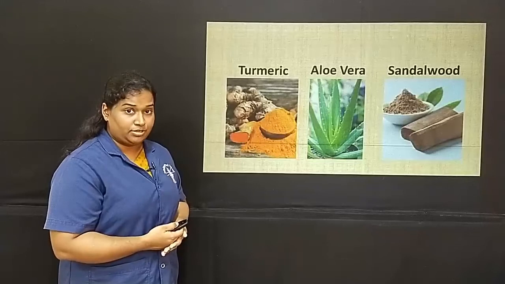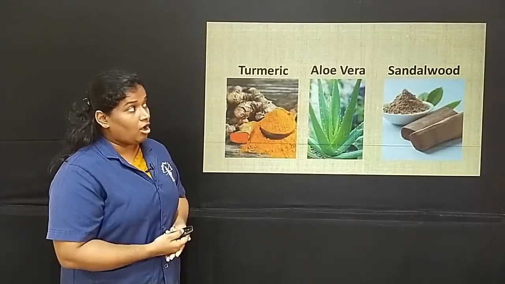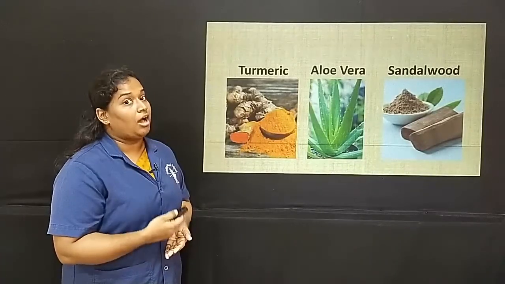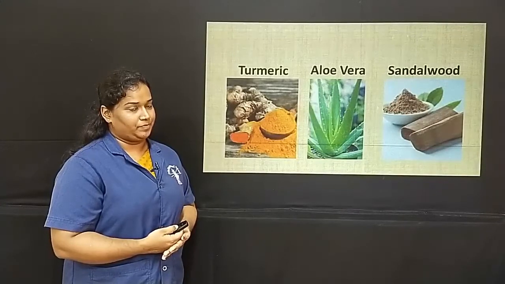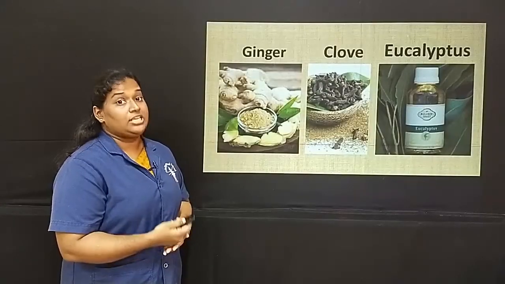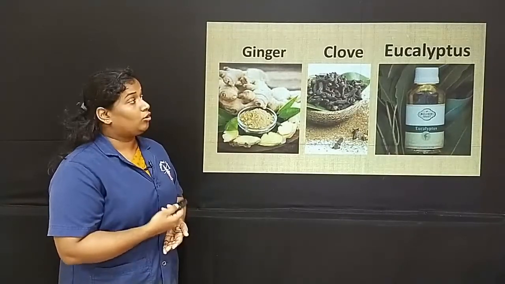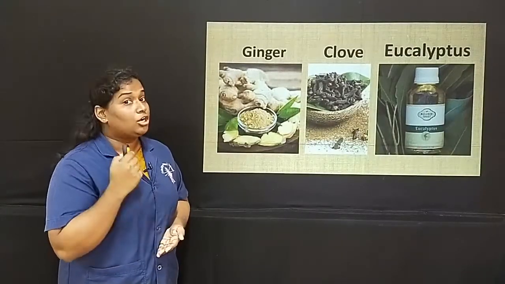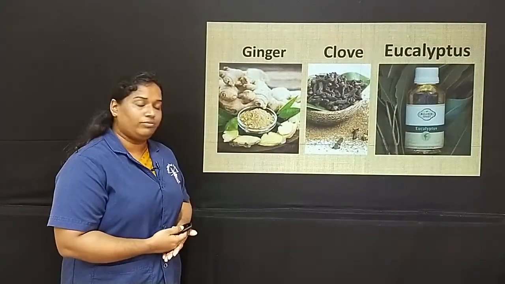The modified root of turmeric, leaves of aloe vera, and wood of the sandalwood tree are good for skin treatment. Ginger is an expectorant for cough. Clove is good for toothache. Oil is extracted from the buds of clove.